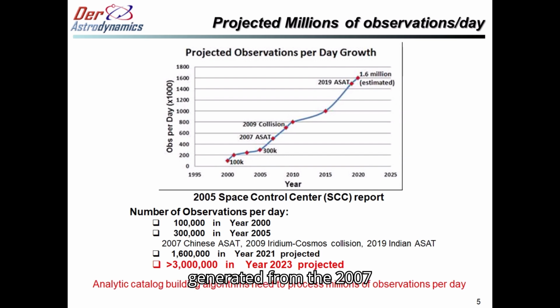Space debris generated from the 2007 Chinese ASAT, the 2009 collision of Iridium and Cosmos, the 2019 Indian ASAT, and many unreported space collisions probably increased the projected observations per day to 3 million or more in 2023. With this in mind, the Astro analytic perturbed algorithms are developed to process millions of observations per day for rapid catalog maintenance and catalog building.